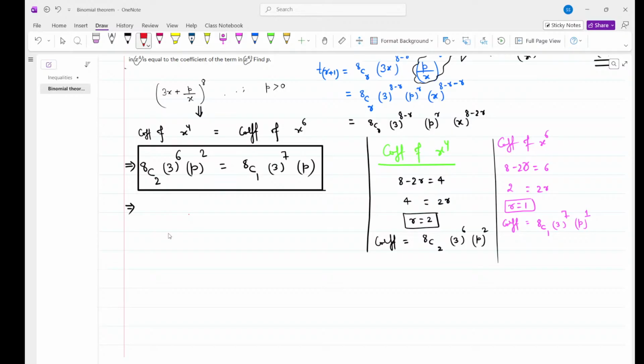Okay. So, first I simplified this. 8c2 is 28, and then 3 to the power of 6 is 729, times p squared, and then 8c1 is 8, and then 3 to the power of 7 is 2187, times p.